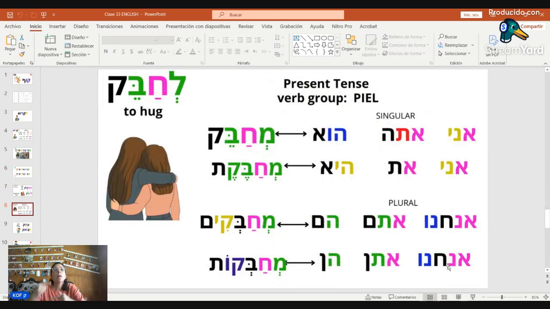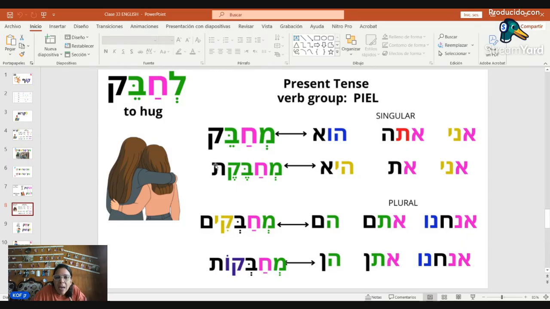So let's do the conjugation of a piel verb. We have to find the shoresh in the same way we did with pa'al. It's very easy because in this case, we only erase lamed. And voila, we have the shoresh.